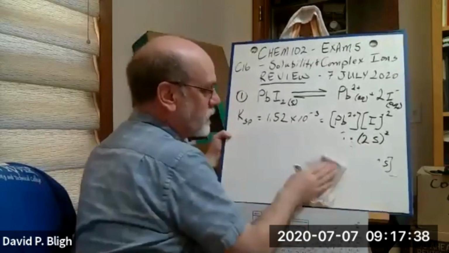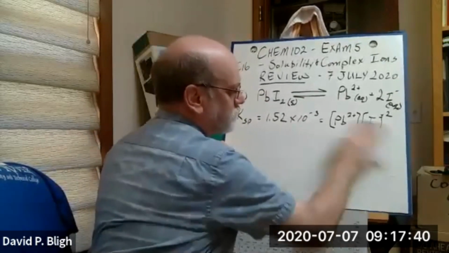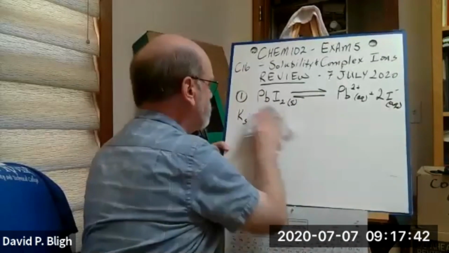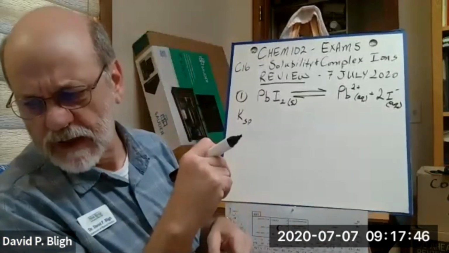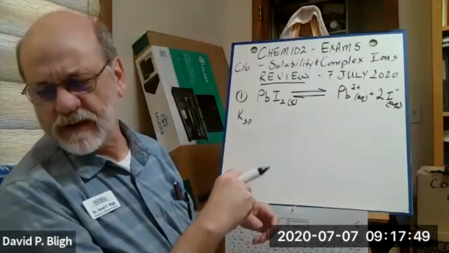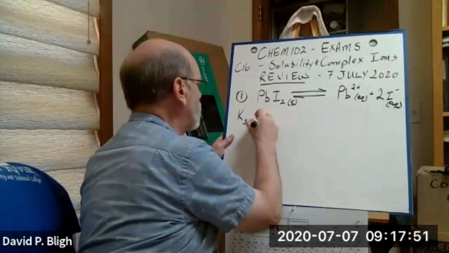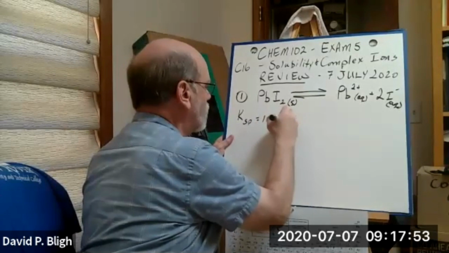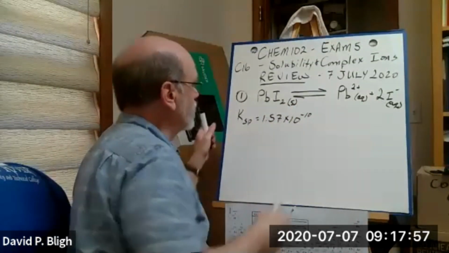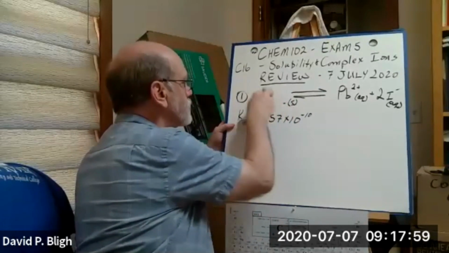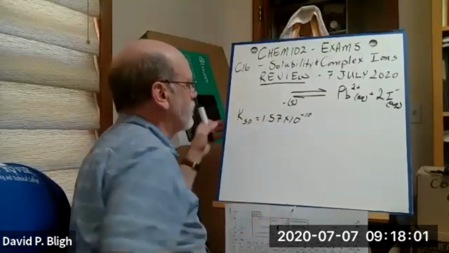I'm just making this one up to follow from that one. 1.57 times 10 to the minus 10. And this would be no number.